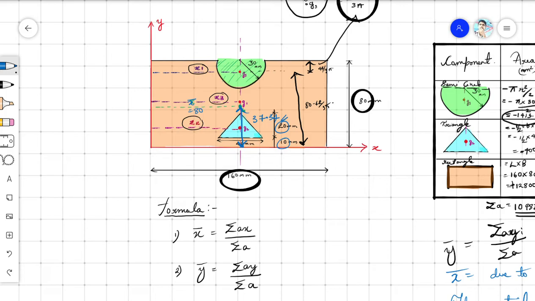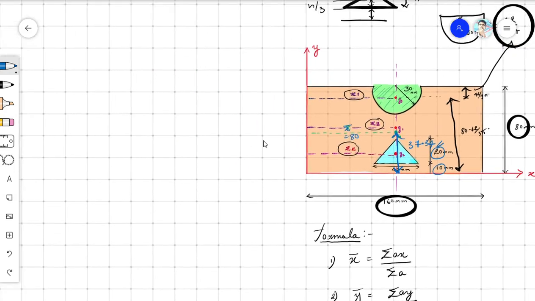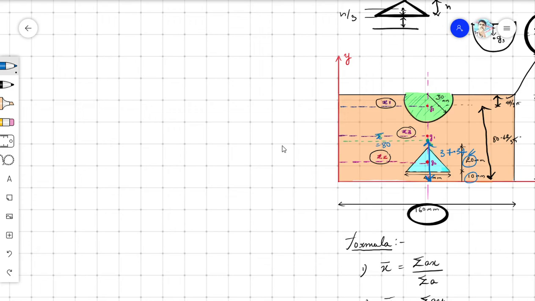So this is some type of complex numerical that may come. Please do be aware of these few concepts. Sometimes they might give you a rectangle that is not at all a full rectangle. Let me draw a rectangle. They might take out this portion. Sometimes they would have taken an arc over here, so what you have to find is the centroid of this portion.